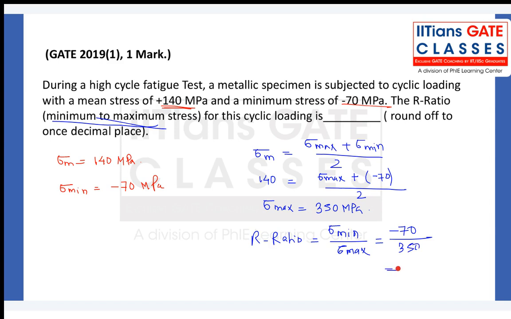So this will come out to be minus 1 by 5, which is minus 0.2. Basically, this is the answer. It is a very simple question, but indeed a very informative question.